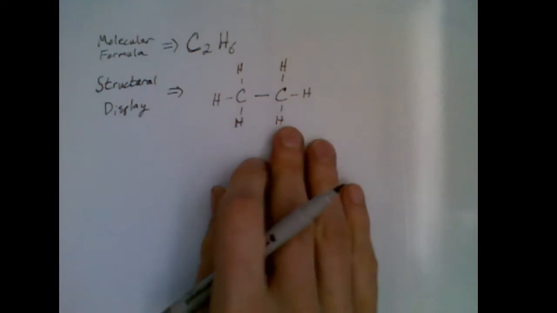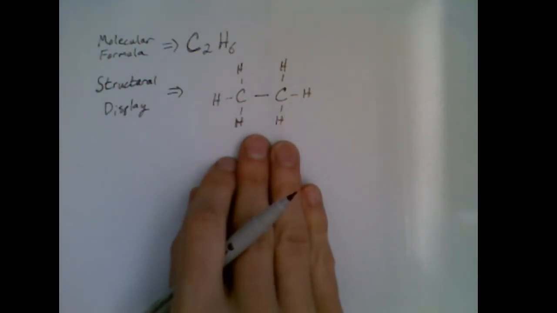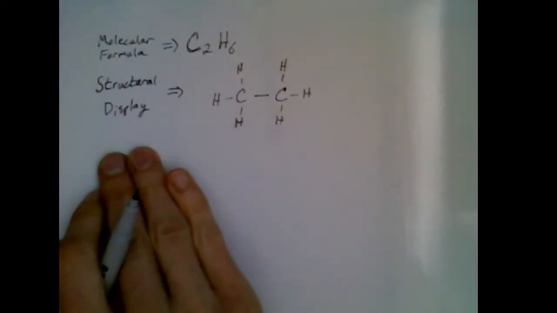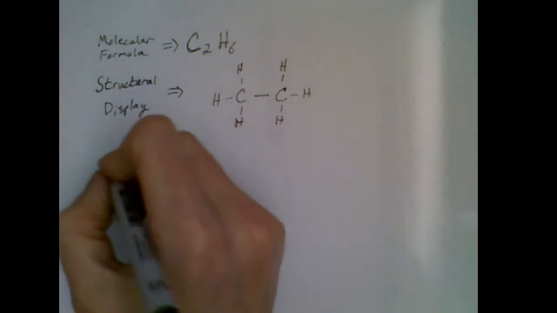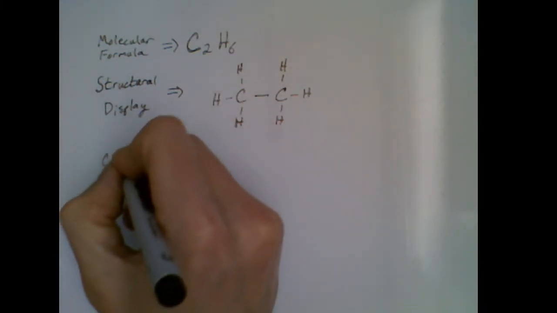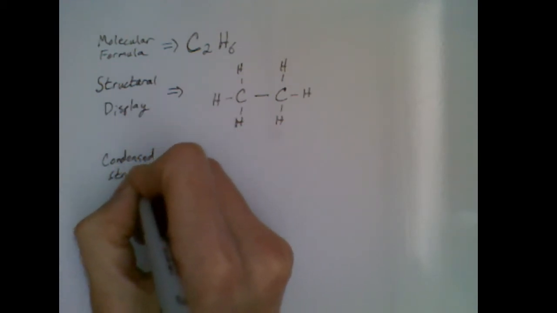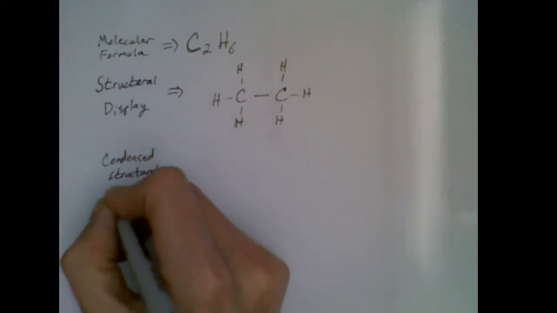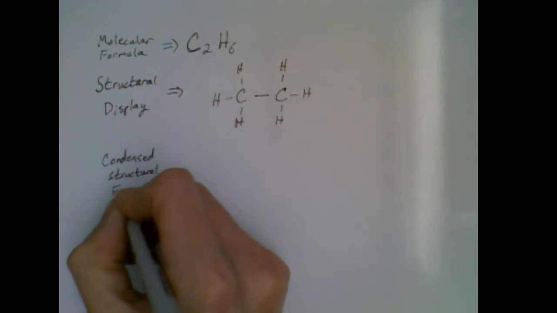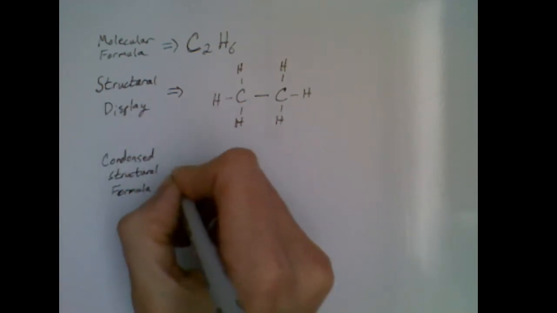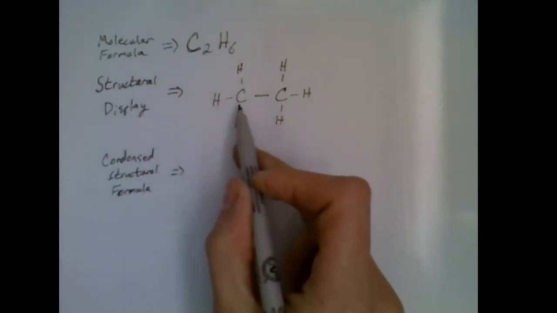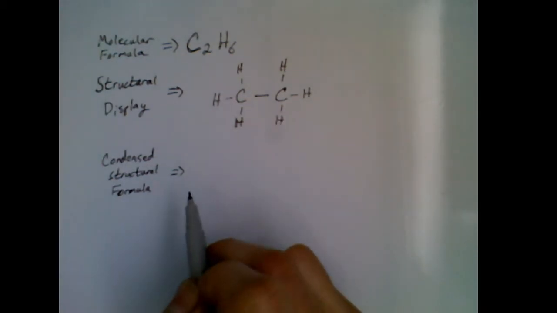But sometimes this may be a little more than people want to write. And so sometimes people will create what is called the condensed structural formula. The condensed structural formula has the purpose of showing each carbon and what it is directly bonded to.